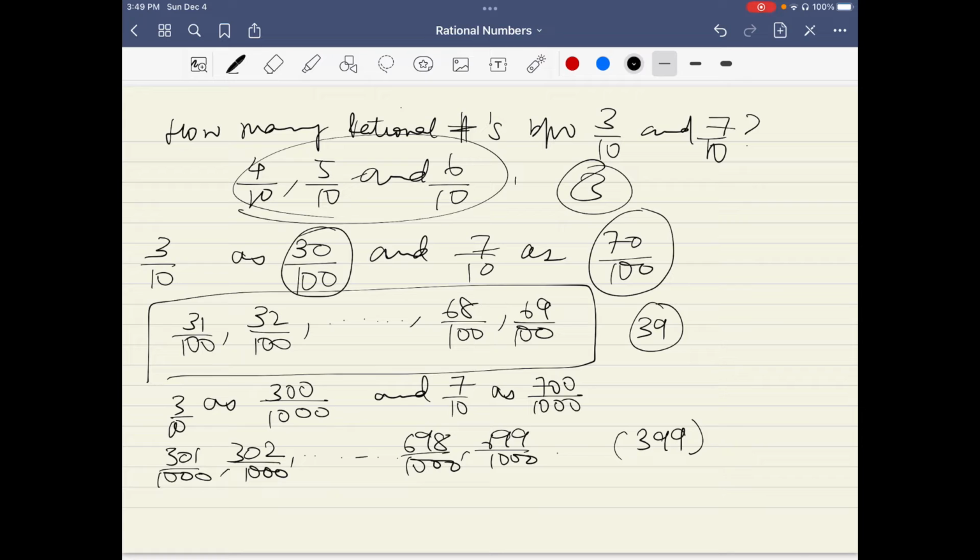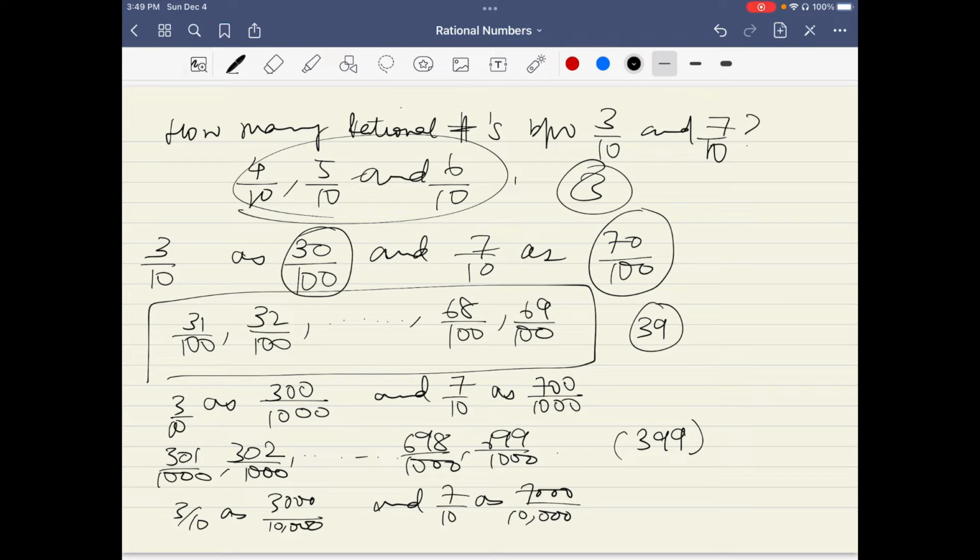And now, similarly, if we keep going on and we represent 3 over 10 as 3,000 over 10,000 and 7 over 10 as 7,000 over 10,000, we will find even more rational numbers between those two rational numbers.